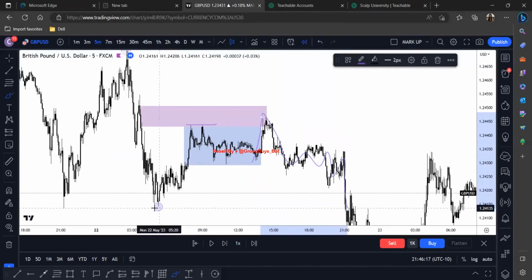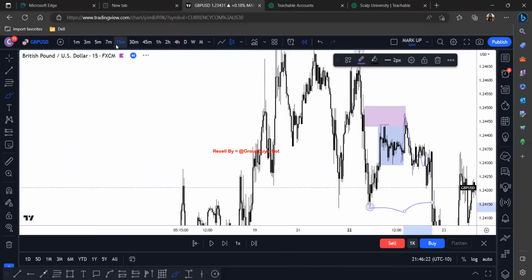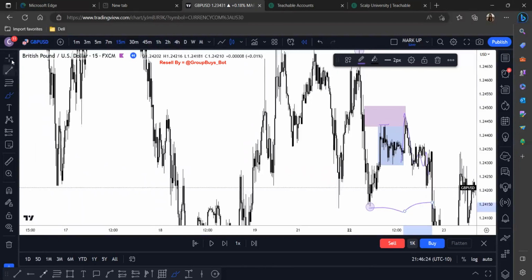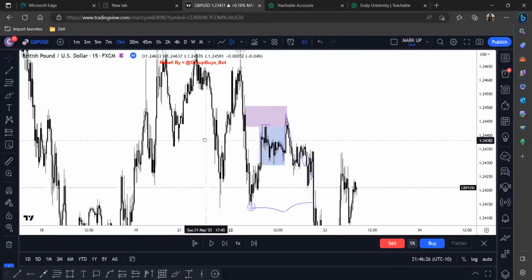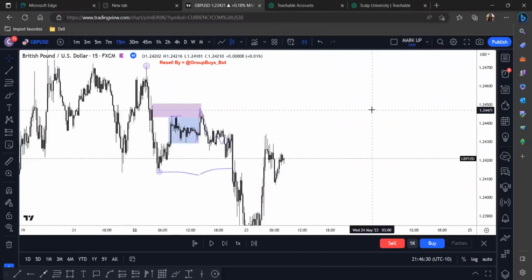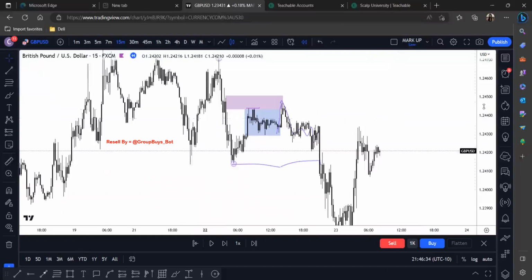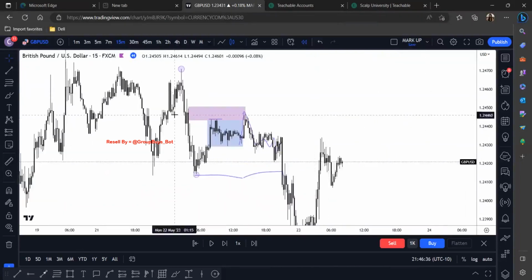And we broke the previous low to continue bearish. It looks a lot more clear on the 15-minute time frame, but on the 5-minute I just wanted to show you guys that there was built up liquidity before that drop happened.